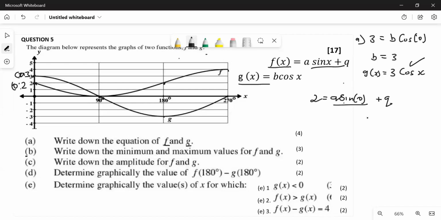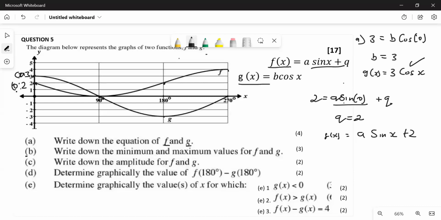It gives you 0, meaning our q is equal to 2. Now after getting q, the equation looks a little bit better. It means f of x is equivalent to a sine x plus 2.